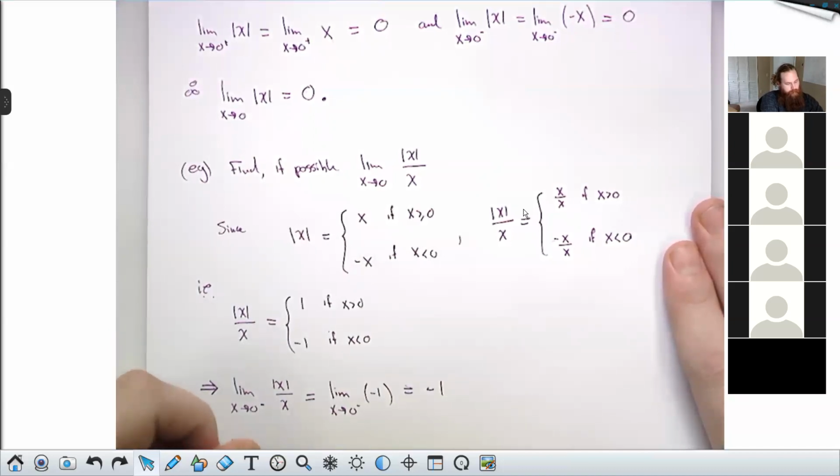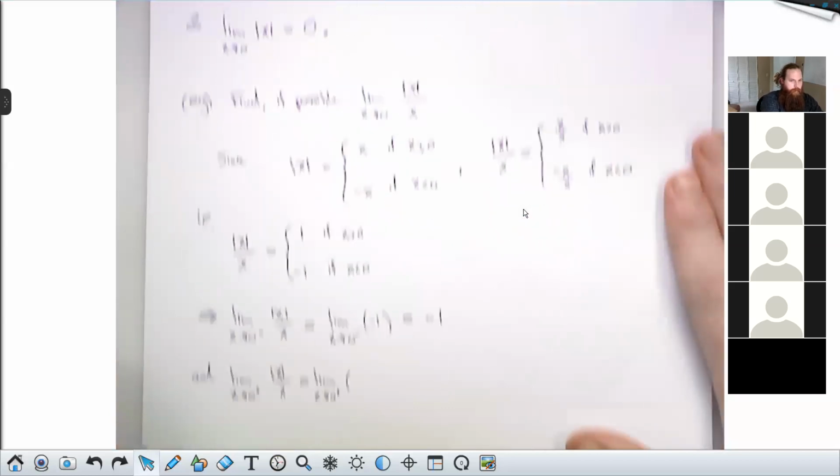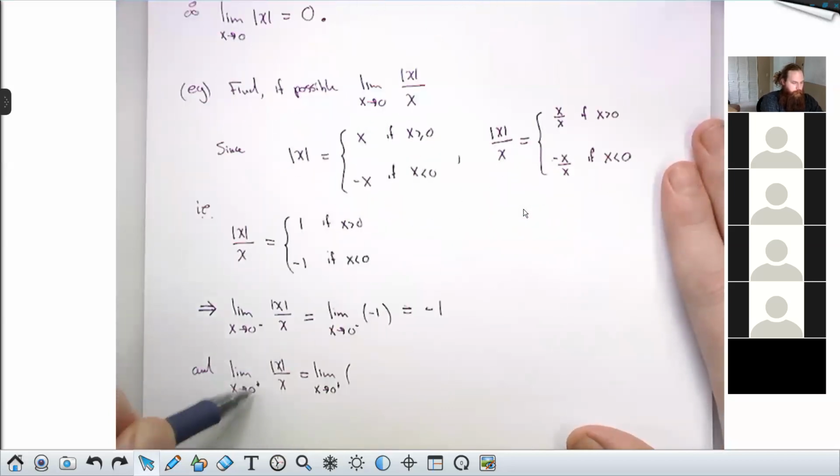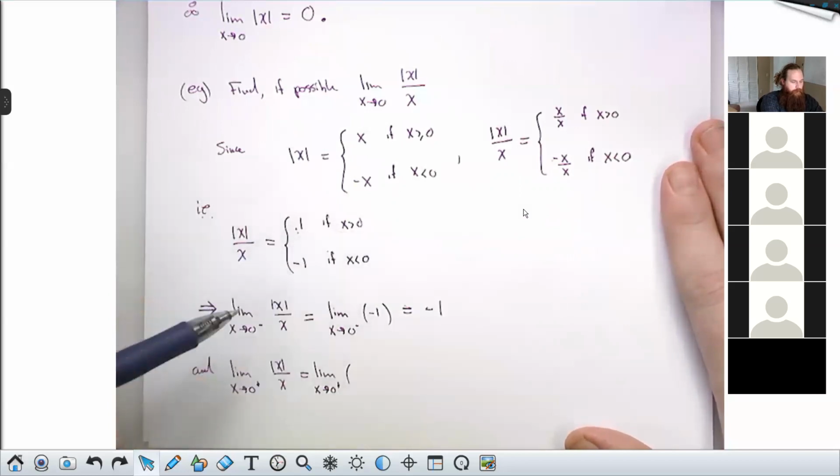And the limit as x goes to 0 from the right of absolute x over x is the limit as x goes to 0 from the right of, well, if I'm considering x a little bit bigger than 0, this function, if I'm plugging in numbers that are a little bit bigger than 0, is equal to 1, because it's equal to 1 for all positive x's.